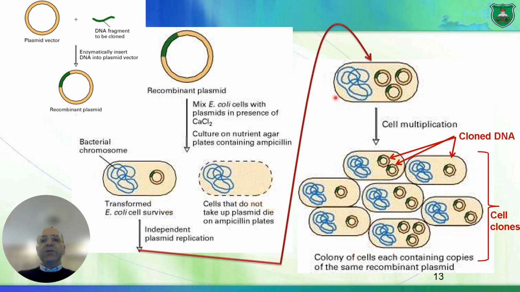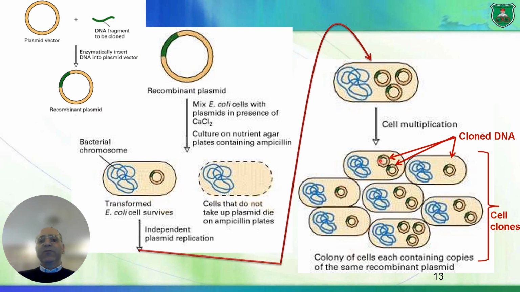Now we can multiply these bacteria, we can grow these bacteria, and let's say that we do the inoculation at 4 p.m., 4 in the afternoon. We let bacterial cells grow overnight. We're going to have millions of bacterial cells after like 16 to 18 hours.